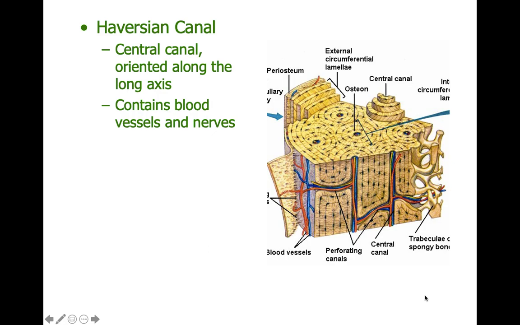If you look closely at the center of each of those osteons, you're going to see a red, a blue, and a yellow speck. The red is the artery, the blue is the vein, and the yellow is representing the nerve. We have to get those vessels and nerve deep into the bone so that we can take care of and maintain all of the cells that we're going to find within the bony tissue.